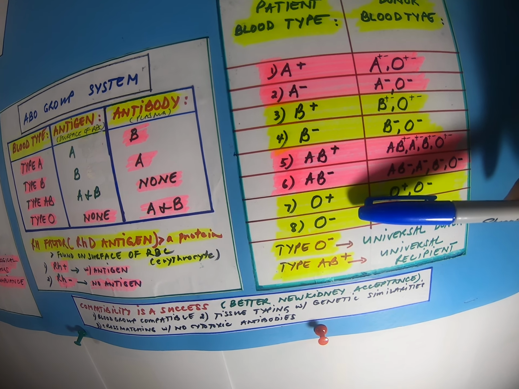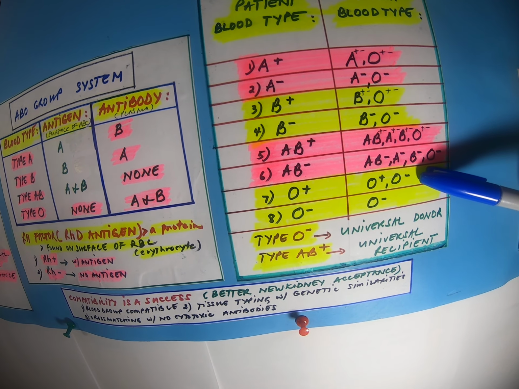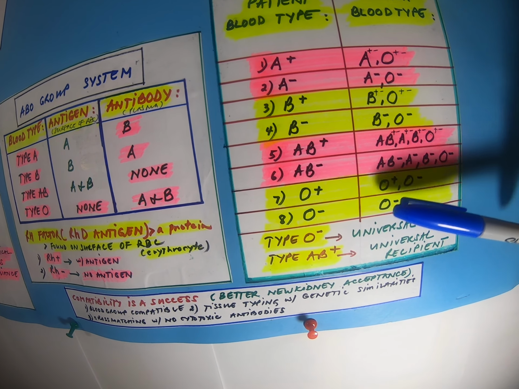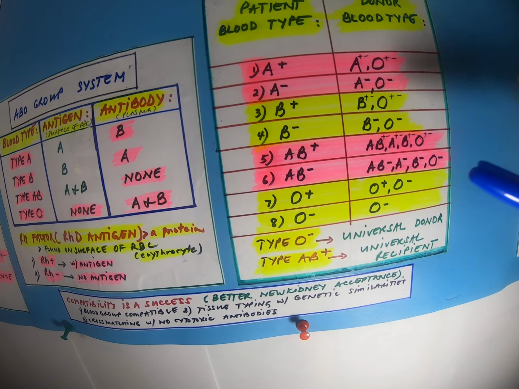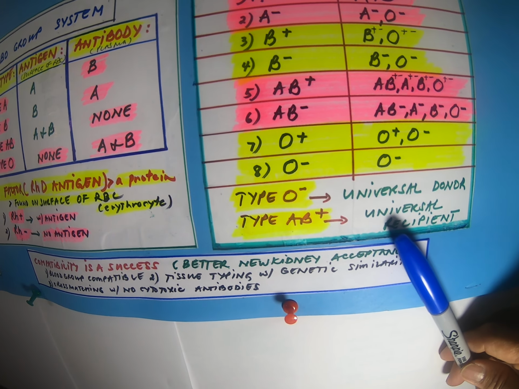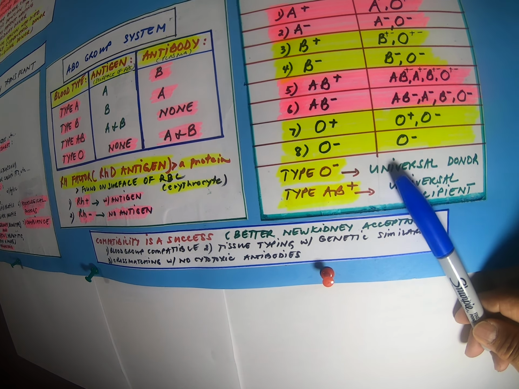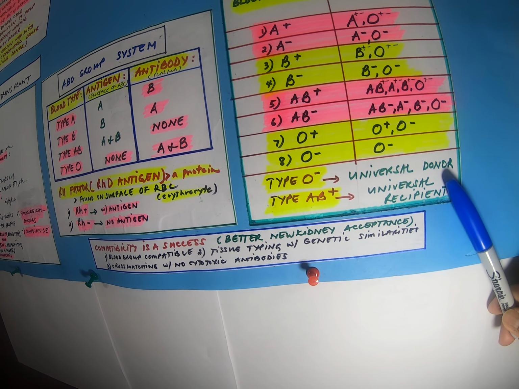If you are type O positive, your donor will be O positive and O negative. And if you are O negative, your donor should be O negative. So just remember that type AB positive is actually a universal recipient, and type O negative is actually a universal donor.